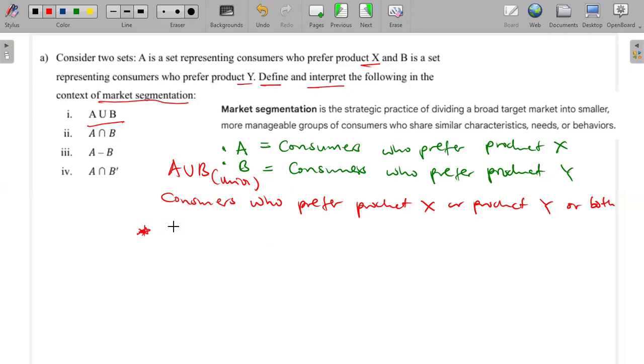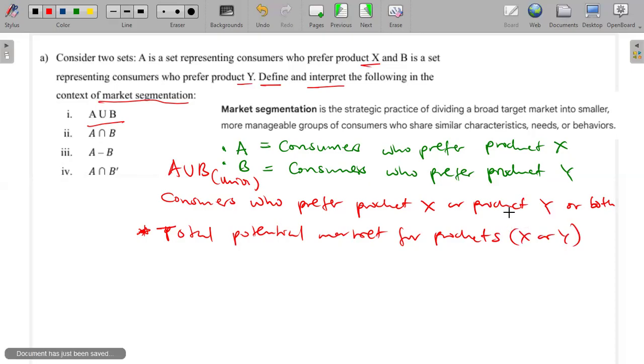It helps us identify that A union B is the total potential market for either product X or Y. I'll write it here: total potential market for products, of which we know it's X or Y. So that is the interpretation, the total potential market for product X or Y. In short, this is looking at our target audience, people who are going to buy product X or Y. It's giving us that total. Okay, so this is the interpretation of that one.